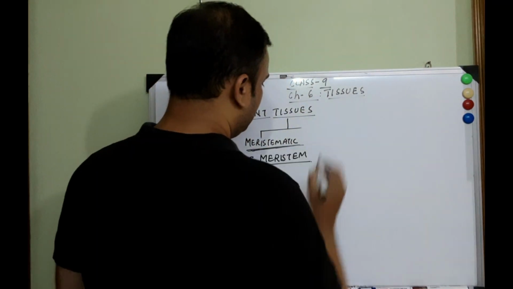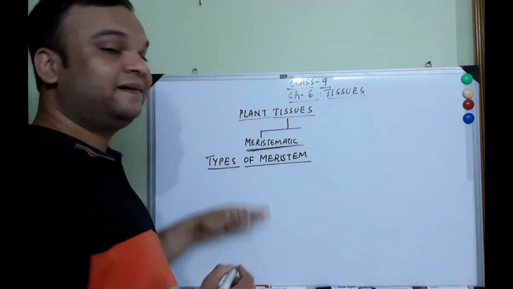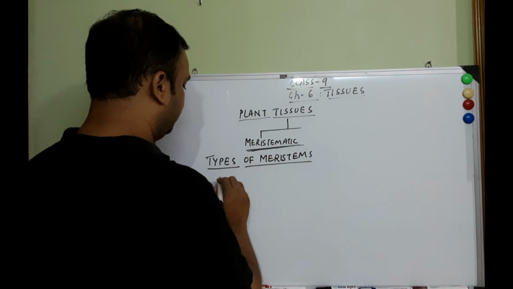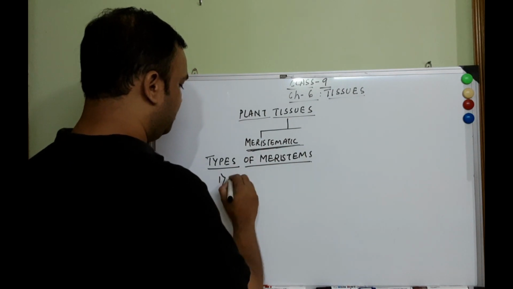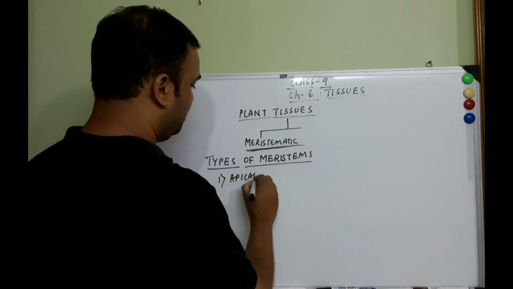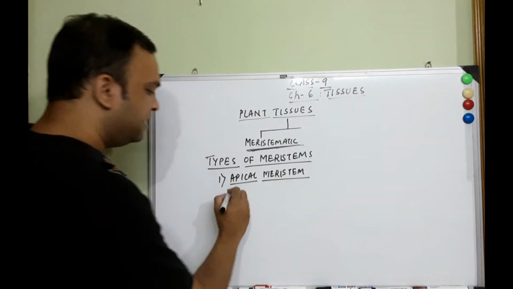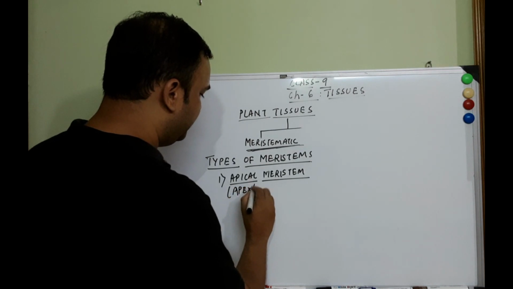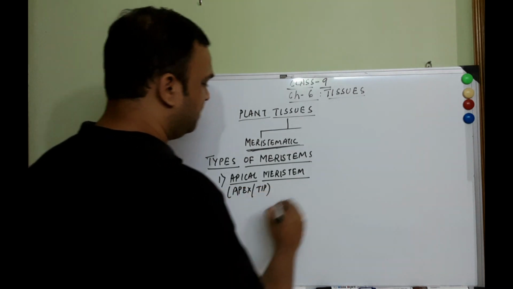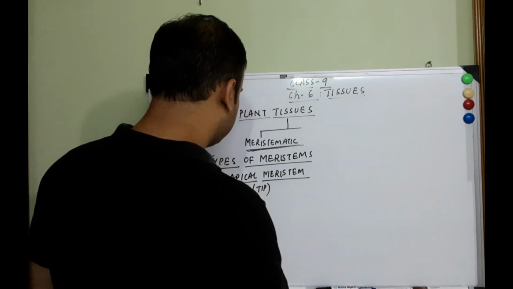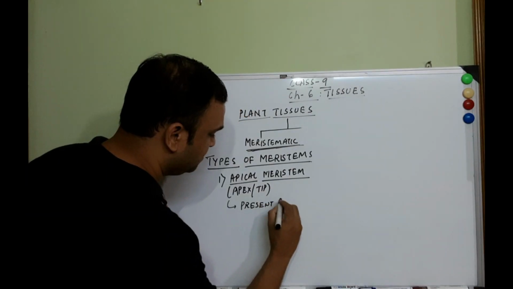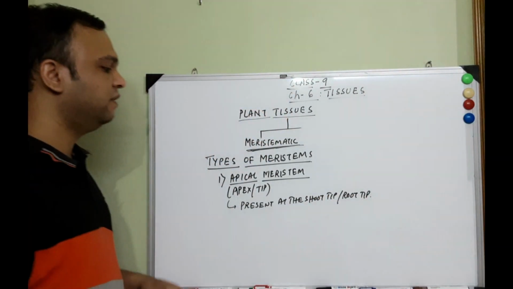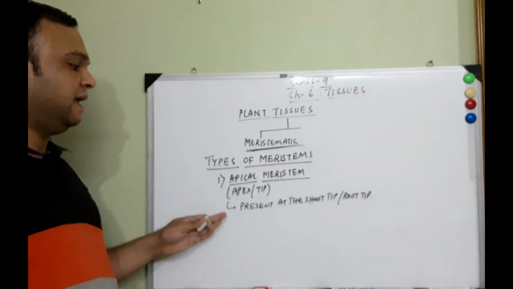Now let us talk about the types of meristematic tissues. The first, as I have told you, is the apical meristem. Apical means present at the apex or at the tip. So where do you think it is present? It is present at the shoot tip and the root tip. Both the tips of the root and the shoot contain the apical meristem.